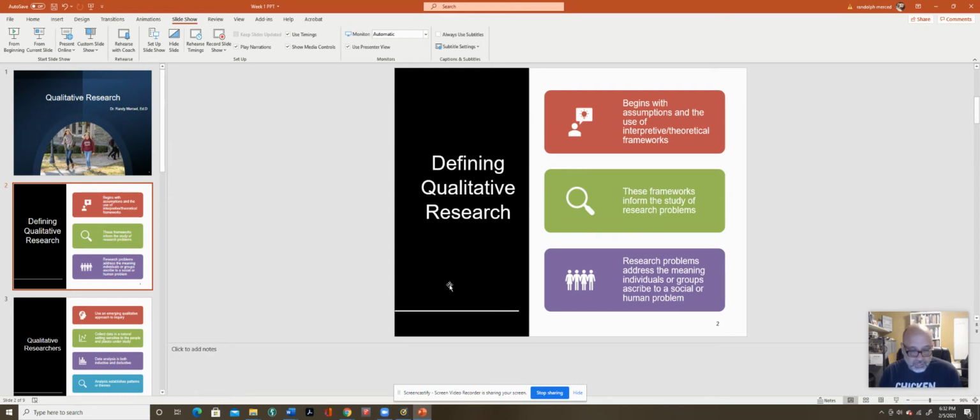This looks at different variables, and it looks at the human behavior side of issues and concerns, areas of interest. So qualitative looks at data from a different perspective.